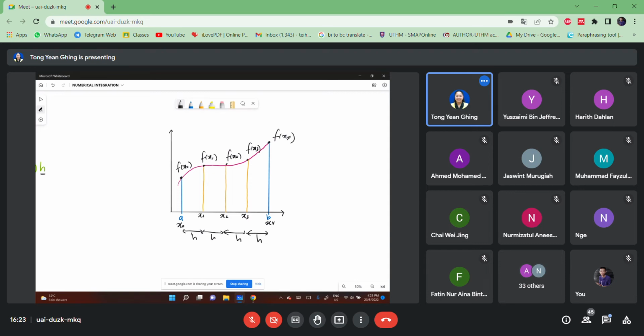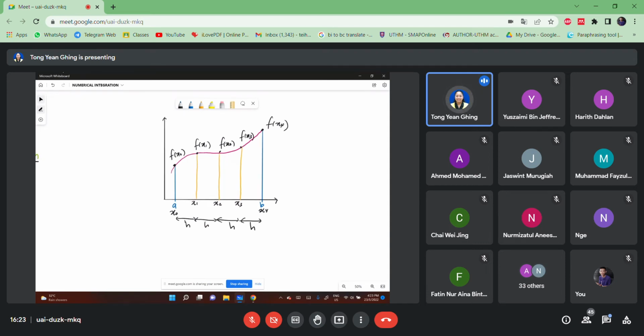Now, to find the area under the curve, I draw another trapezoid here. If you look, this is the error, and the error becomes smaller compared to just now. So we divide into A1, A2, A3, A4.